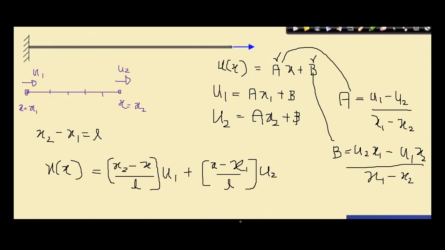right? So for this case, you can write this as n1, and for this part as n2. These are called shape functions, okay?